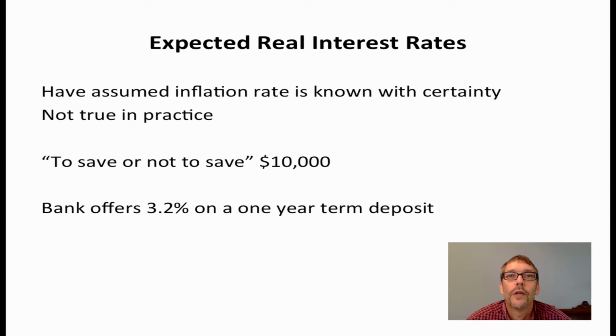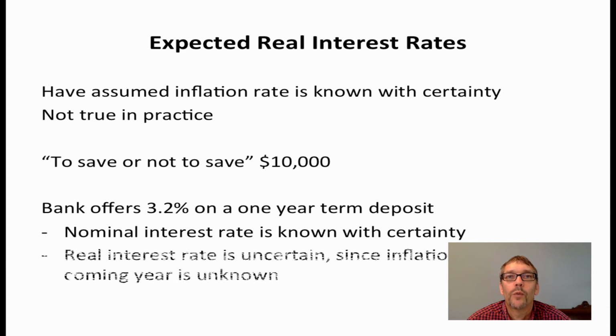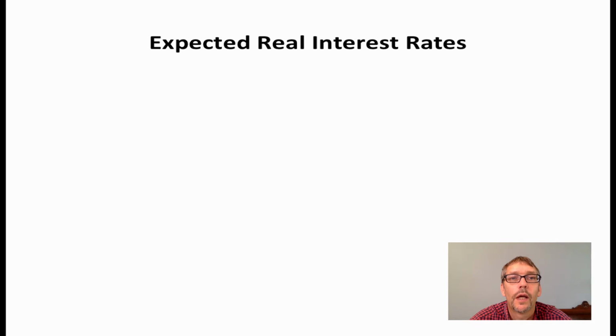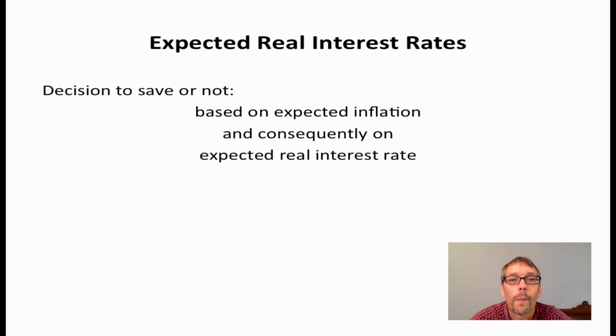So, although we know the nominal interest rate on this deposit, we don't know what the real interest rate will be over the period of the loan, because we don't know with certainty what inflation will be over the coming year. So, your decision whether or not to save the $10,000 will be based upon the expected rate of inflation and consequently upon the expected real interest rate.